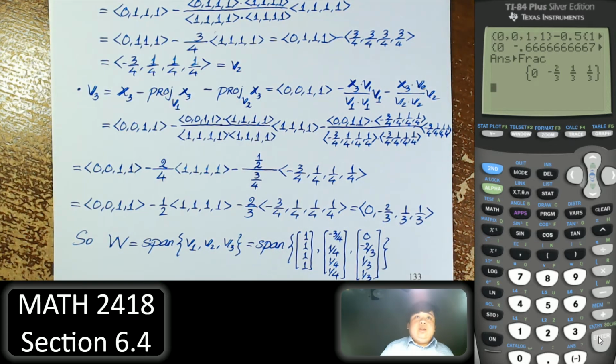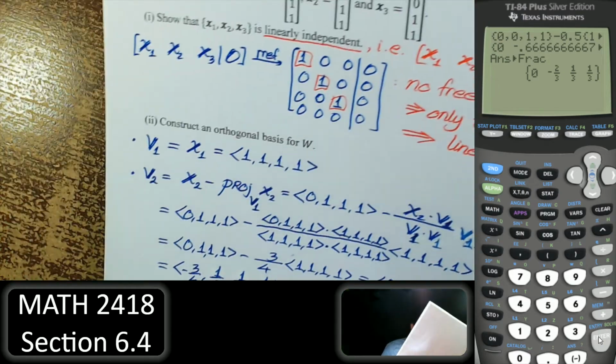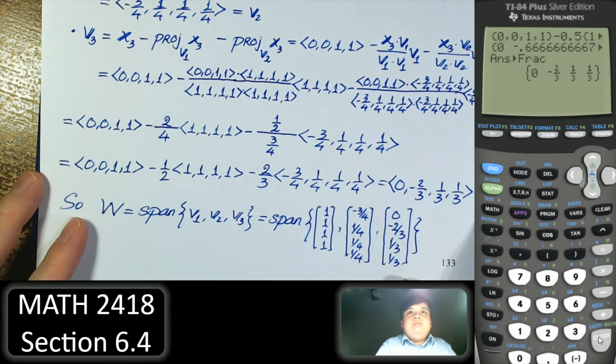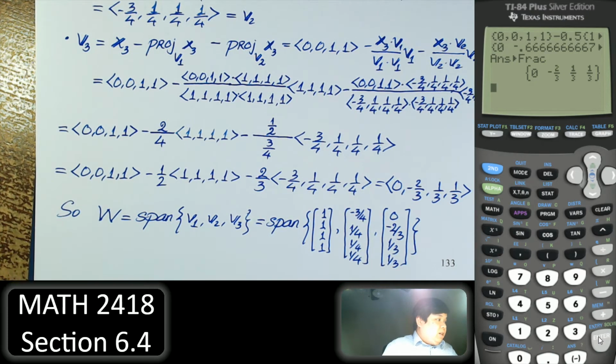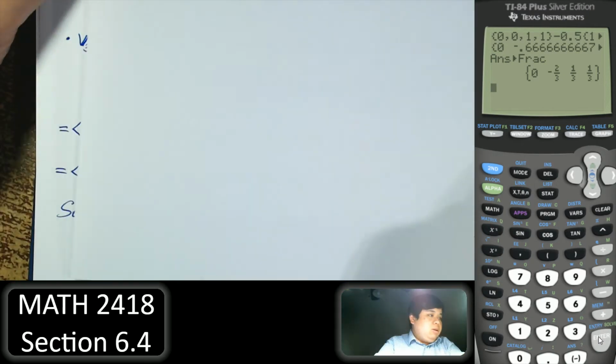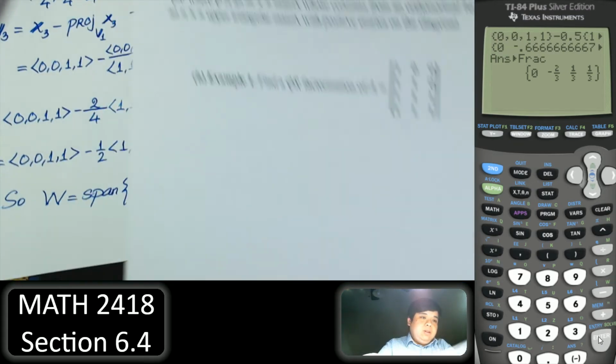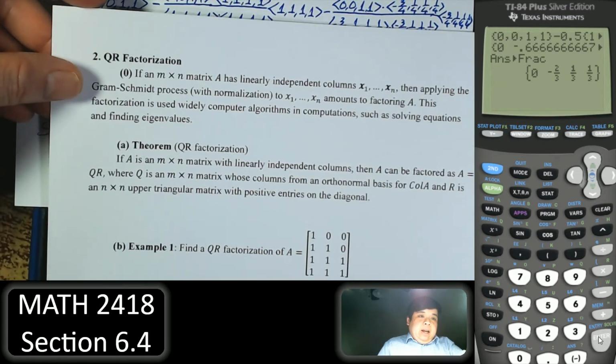Yeah. So that is the Gram-Schmidt process, and we use that to find an orthogonal basis for only 3 vectors. That's some work already. Right. Now, why do we need that?